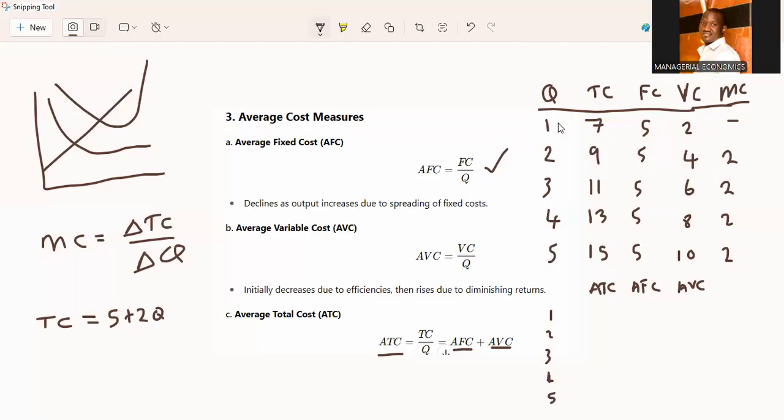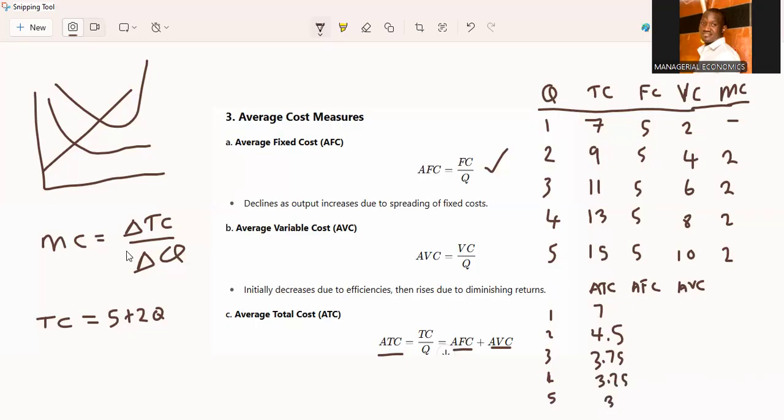So total cost divided by 1, that is 7. 9 divided by 2, 4.5. 11 divided by 3, 3.75. 13 divided by 4, 3.25. Then 15 divided by 5 is 3.